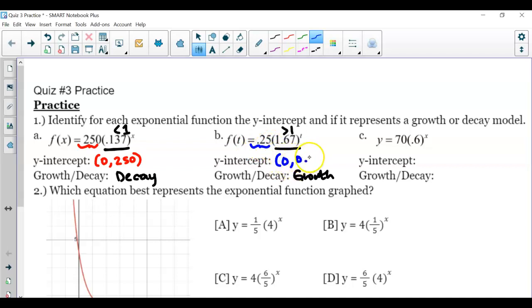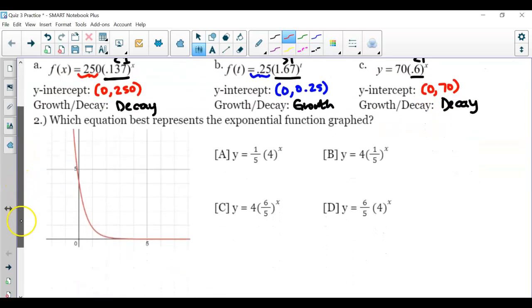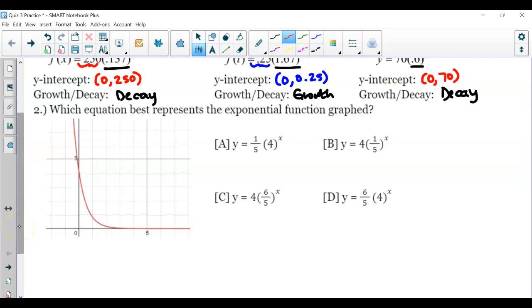So 0, 0.25. Then the last one here, the base is 0.6, which is less than 1, making this a decay function, and the y-intercept is 0.70.